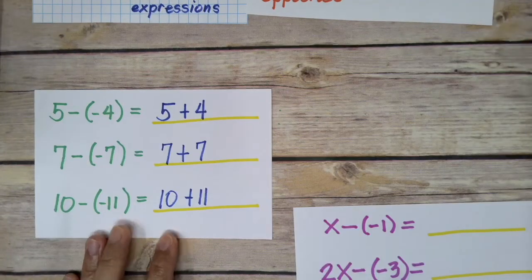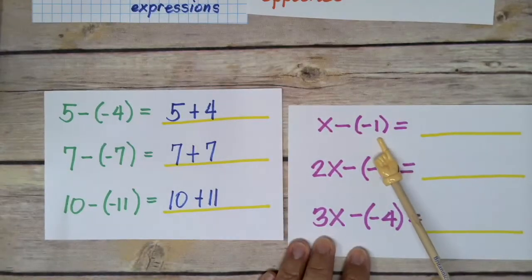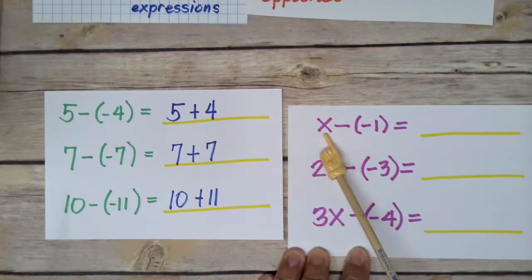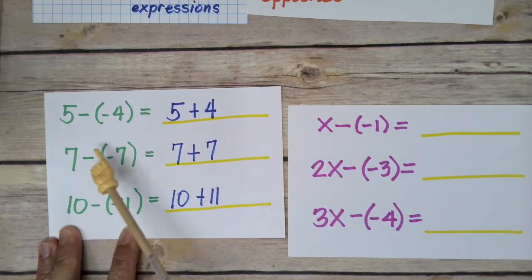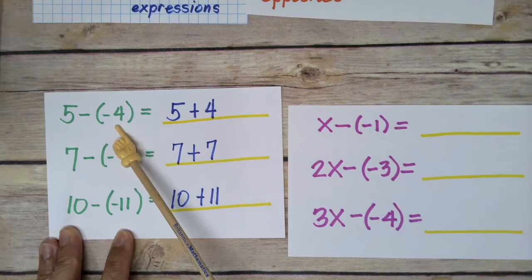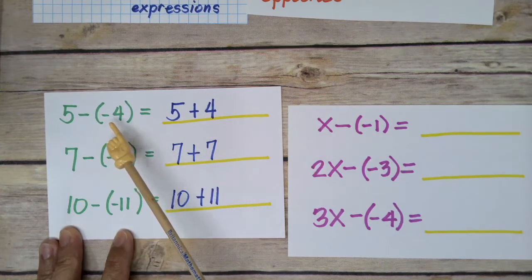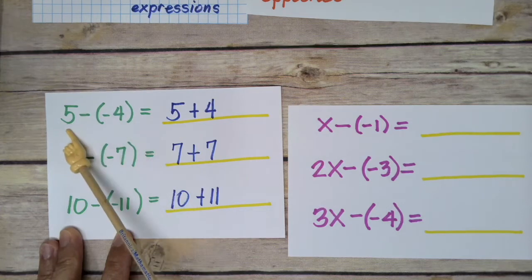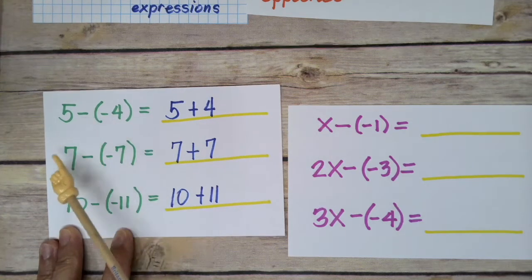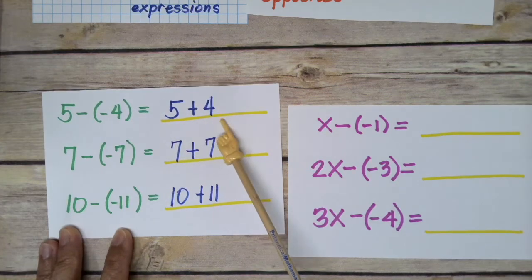On to another example. We are going to subtract a negative number from a term with a variable x. So we go back to the numerical expressions where we are subtracting a negative number from another number. Remember, when you're subtracting a negative number from another number, you simply add the opposite of that negative number to the minuend. So 5 minus negative 4 is equivalent to 5 plus 4.